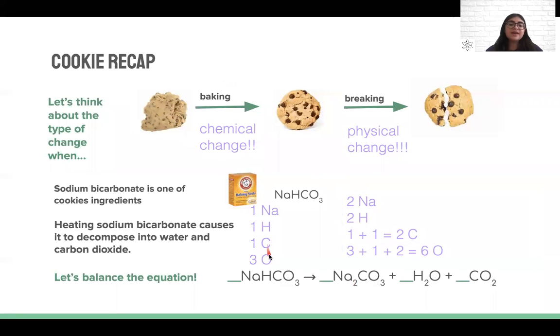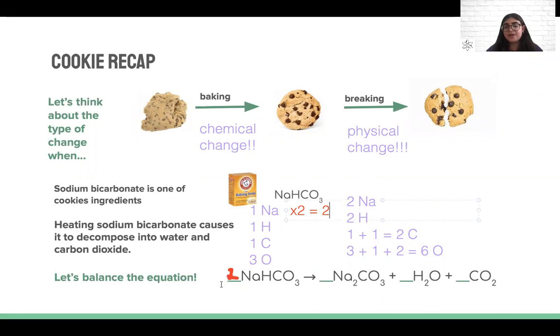Okay, so remember that I said that when we have elements that appear in more than one place, in more than one molecule, like in this case the carbon, and the oxygen, which appears in all of them, we leave them for last. We try to solve everything else first. Okay, so we have 1 sodium here, 2 over here. So we're going to put a 2 in front right here. And that gives us 1 sodium times 2 is 2.